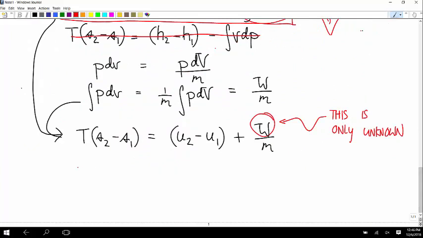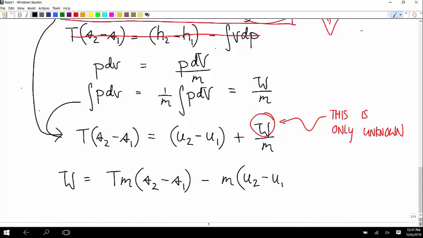Okay, so work. We're trying to calculate work over mass. Is that right? No, just total work. So work is equal to T M times S2 minus S1 minus M times the quantity U2 minus U1.